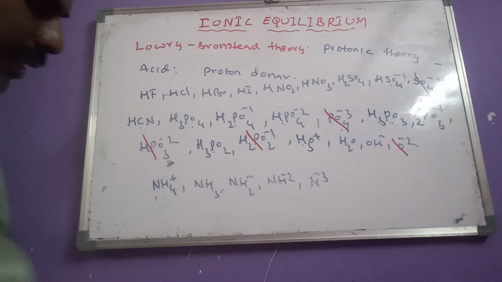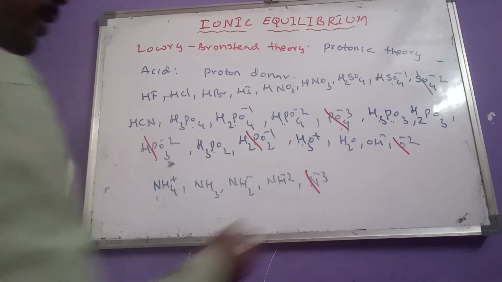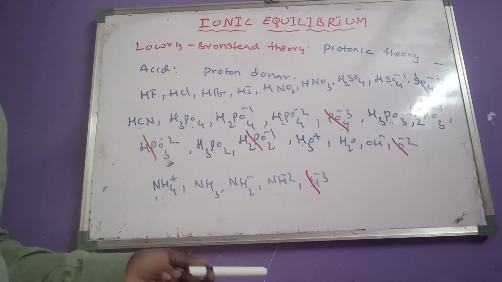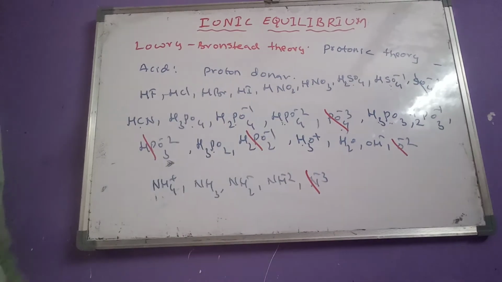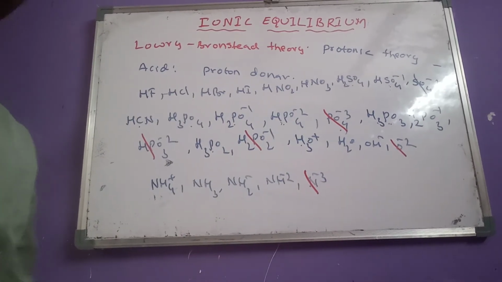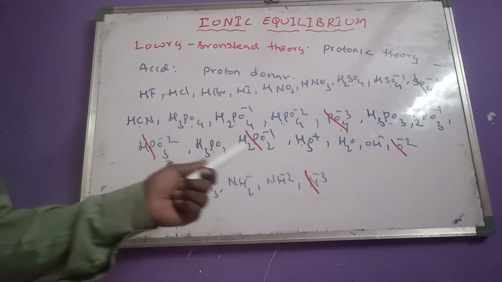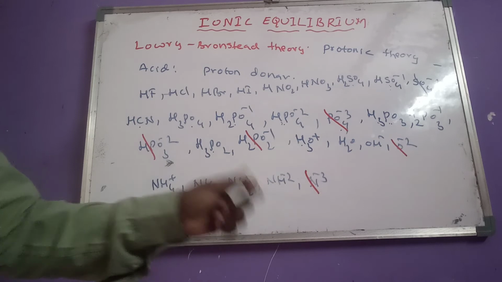But N minus 3 does not act as an acid because no H plus ions are present in that. So like that, we can write so many examples of Bronsted-Lowry acids. All these can act as Bronsted-Lowry acids by donating protons.